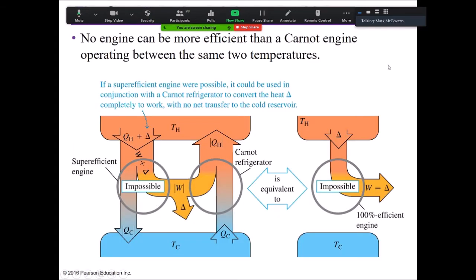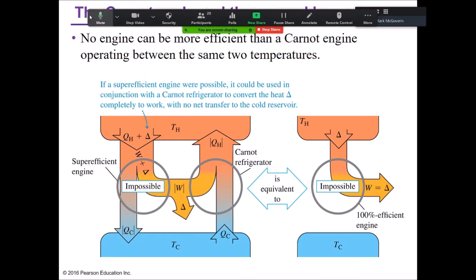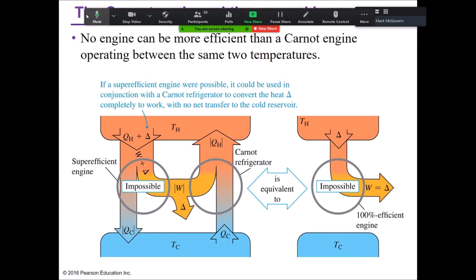Anyway, so the statement here is this. No heat engine, or no engine, period, actually, can be more efficient than a Carnot engine operating between the same two temperatures. That's the key. That's what we're talking about here. And so we're going to start making a lot of comparisons with the ideal Carnot engine. I showed this picture before. If you had an engine that was very, very efficient, then it could be used in conjunction with the refrigerator.